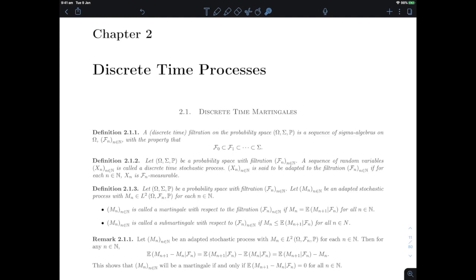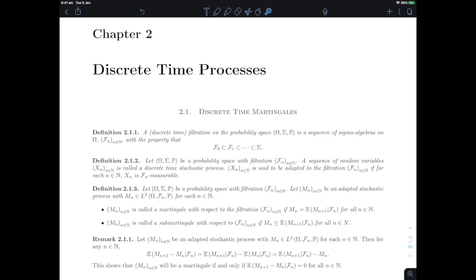Now, whenever I have a probability space and a filtration of that probability space, I'm going to call any sequence of random variables a discrete time stochastic process, but I'm going to say that this process is adapted to the filtration if for every n, Xn is Fn measurable. That's very important. We're going to only pay attention to processes that are adapted to a given filtration.